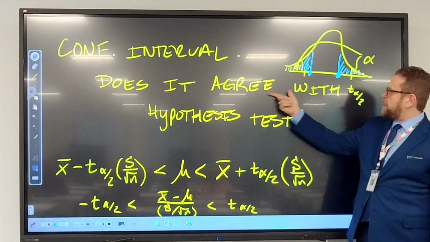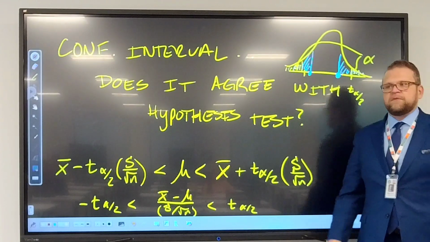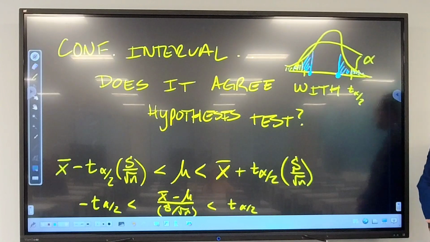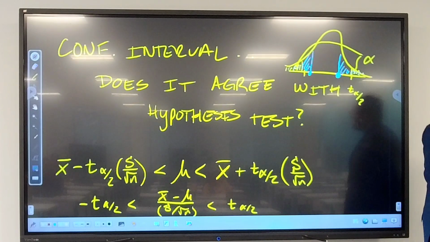So, does the hypothesis test agree with the confidence interval? Why would you think it would be in a particular case? Based on the example you showed, you said it's outside of the restriction.